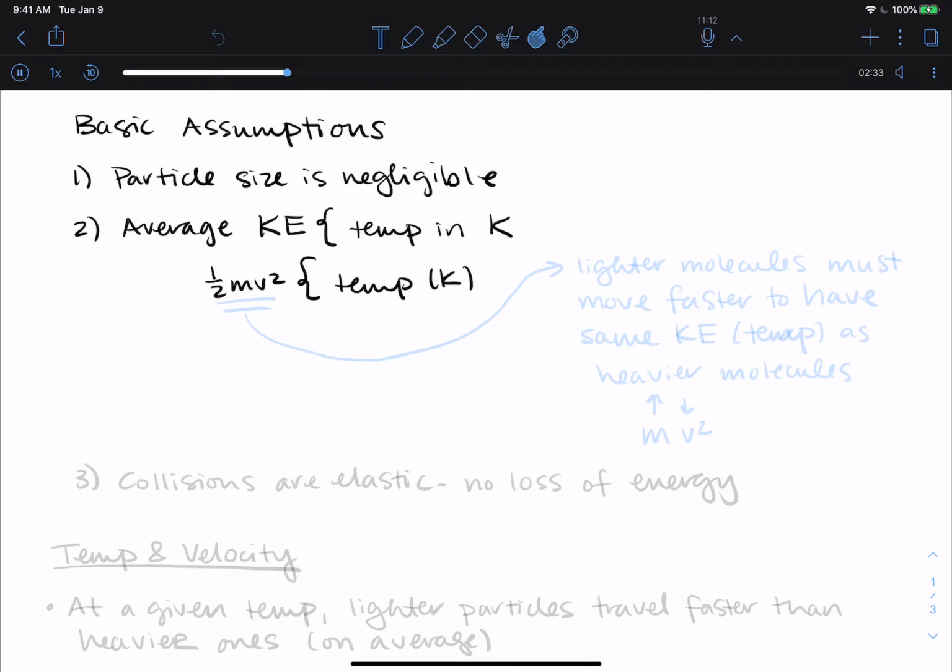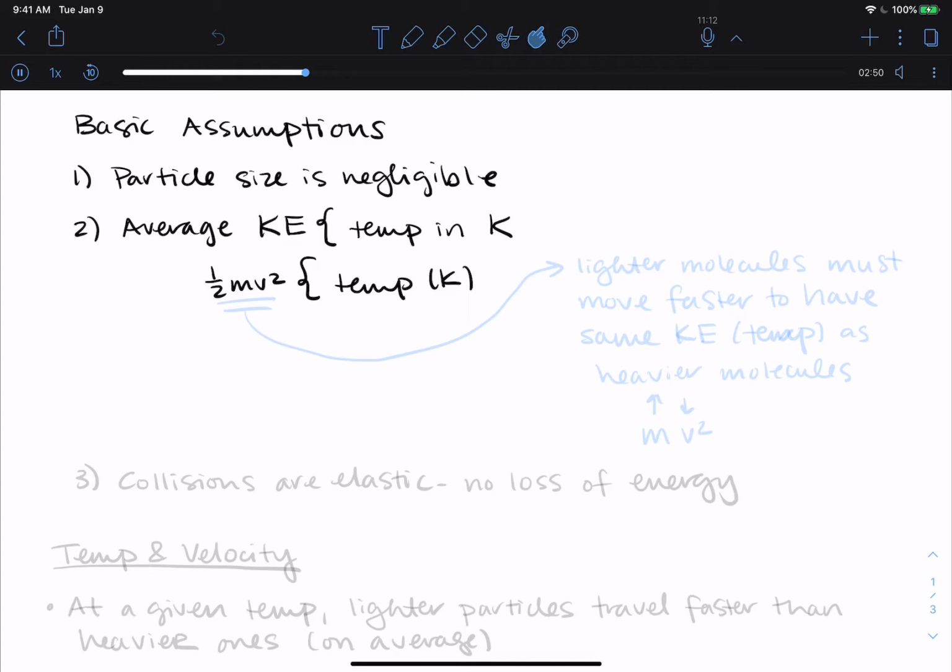Now, if the gases have different identities, they very likely have different masses, which means the velocity will be different relative to the mass so that the average kinetic energy can be the same.